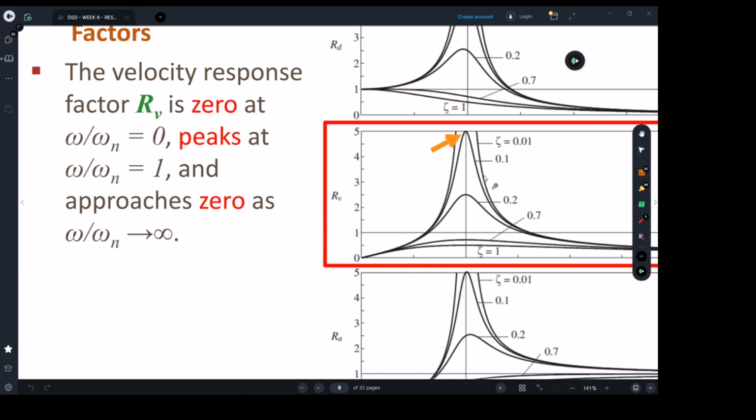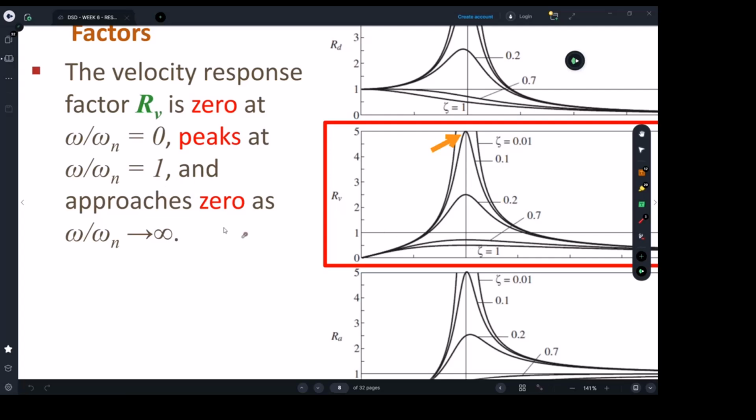Now, the velocity response factor will be at its peak when the omega ratio, or the frequency ratio, is 1. So when we have resonance, we definitely should have the peak, but that's now not before 1, it's exactly at 1, right? So the RV value will peak at 1, not less than 1, when resonance is actually happening.